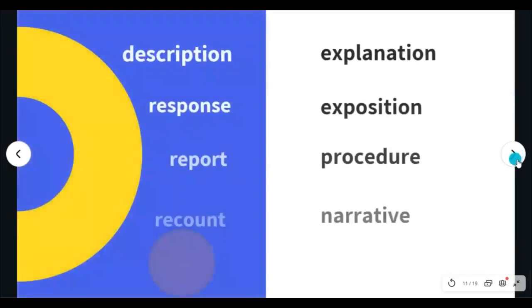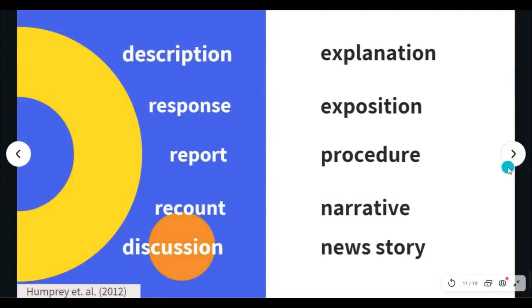There are lots of genres that I'm sure you already know. It is description, explanation, response, exposition, report, procedure, recount, narrative, discussion, and news story.